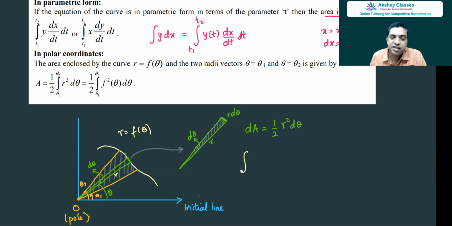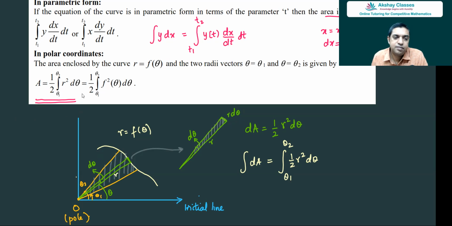Total area is integral dA, which is integral half r square d theta, from theta 1 to theta 2. So that is how we get this: area in polar coordinates is half integral r square d theta from theta 1 to theta 2.